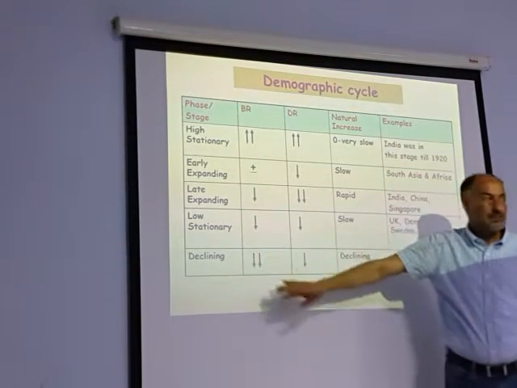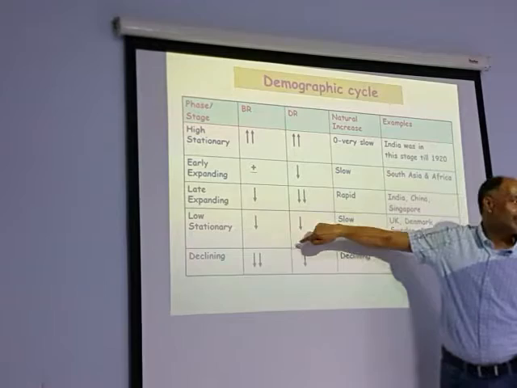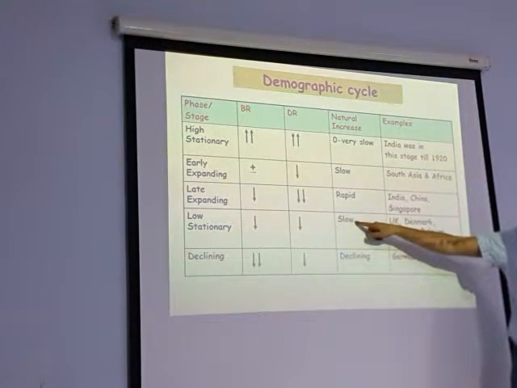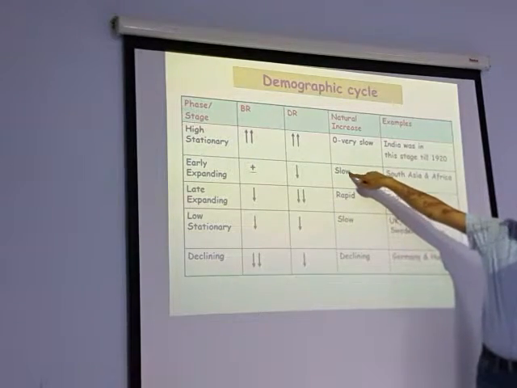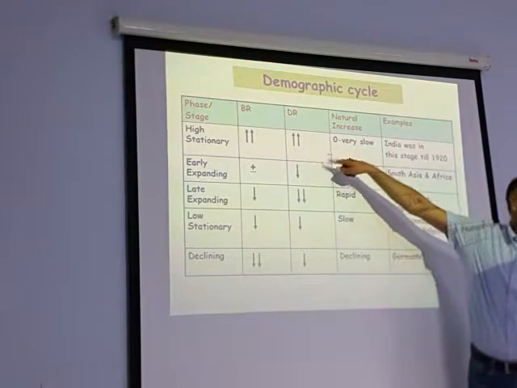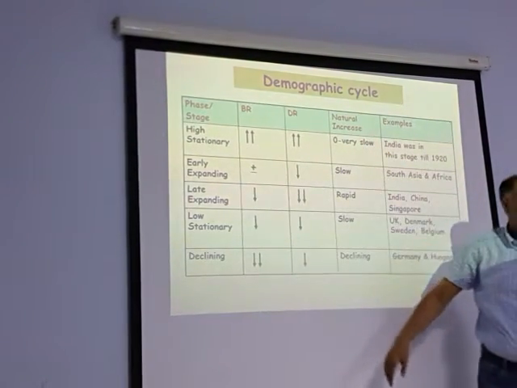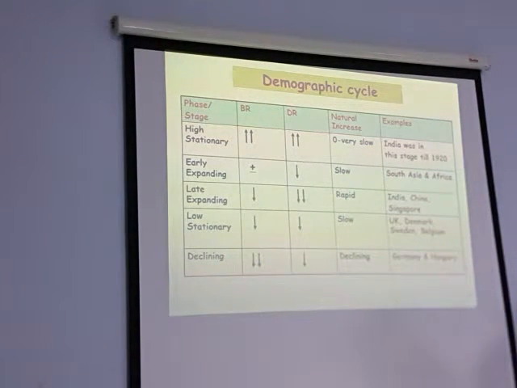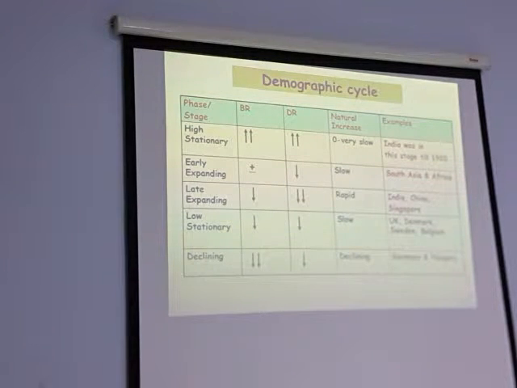Now low stationary means again the same thing, but in the reverse direction. So it will be slow. Decrease will be there, but it will be slow. Because this stage occurs in the early part, you see, 1920, we had no control on the communicable disease.